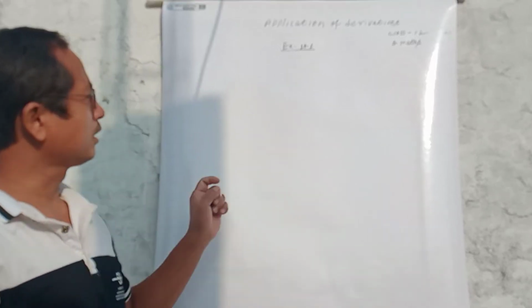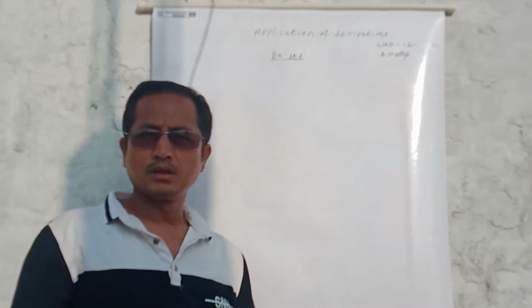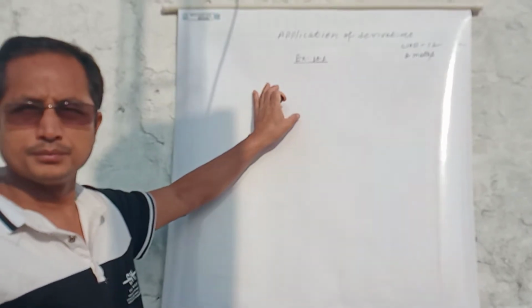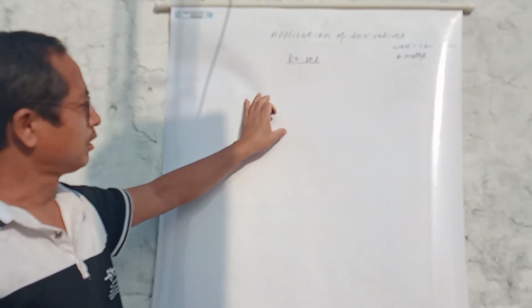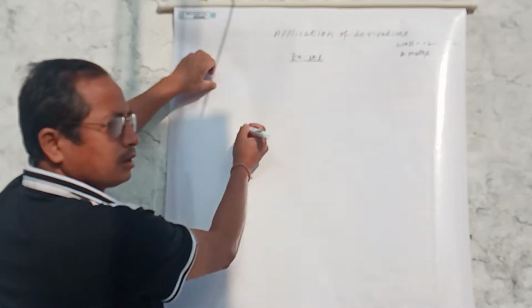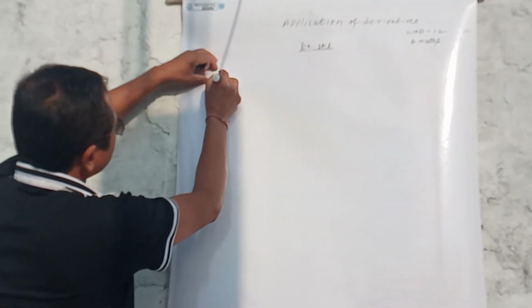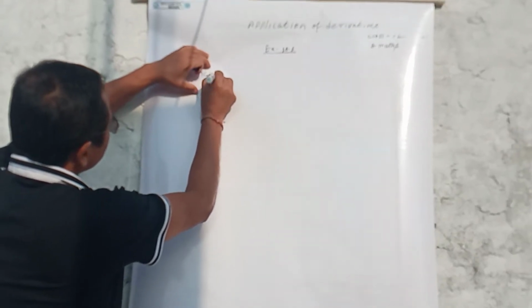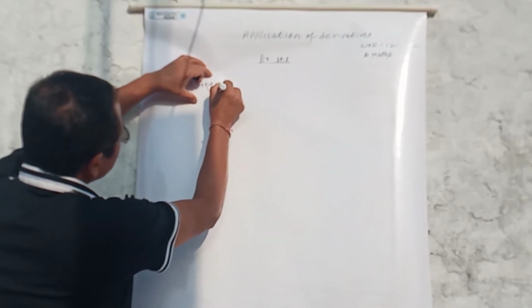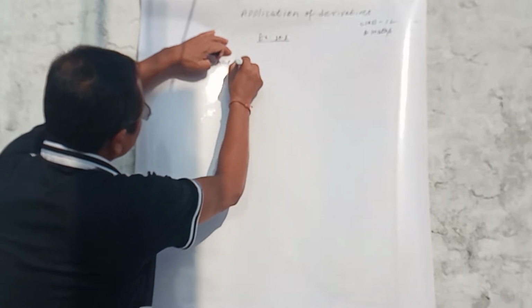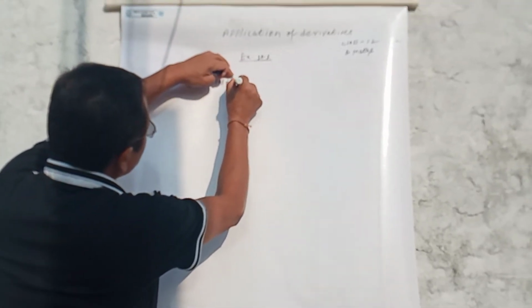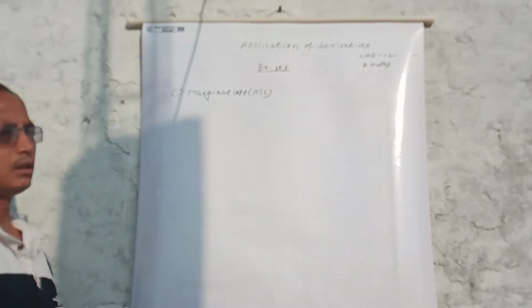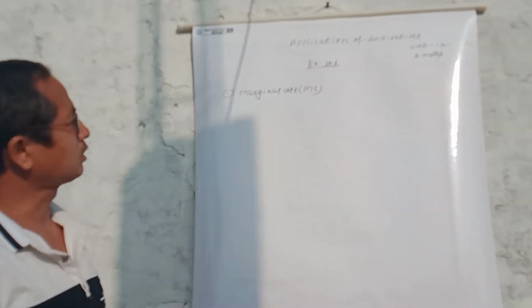So before starting the topic, some formulas I want to tell you. Number one, marginal cost. Marginal cost is written as MC in shortcut.